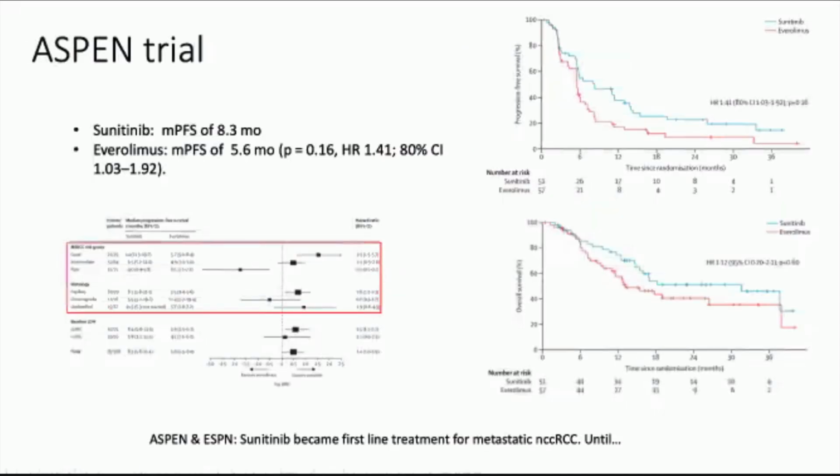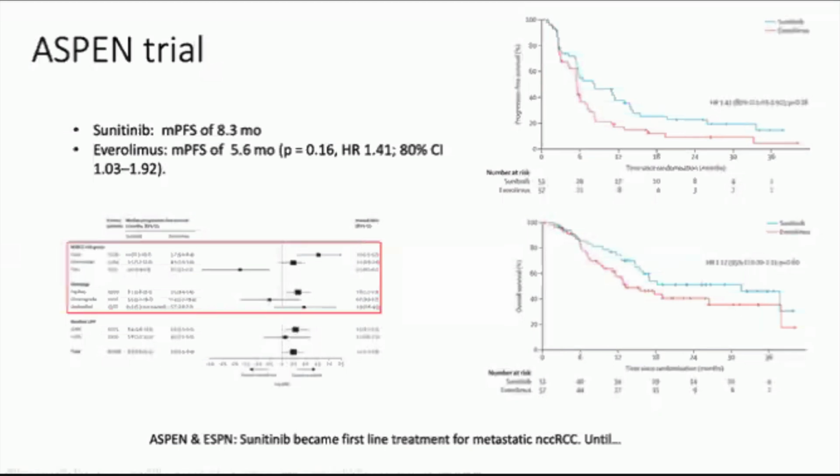Their findings showed an improved progression-free survival in patients receiving sunitinib compared to everolimus, which was consistent with the ESPN trial findings. And the results also found a trend favoring sunitinib in patients falling in the good and intermediate MSKCC risk stratification. But a trend favoring everolimus was seen in the patients falling in the poor risk category.